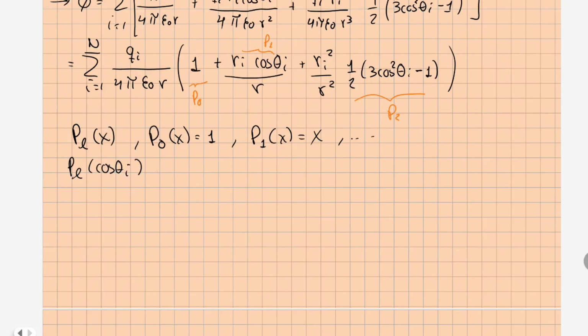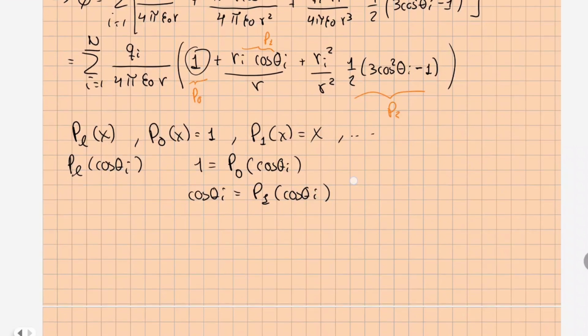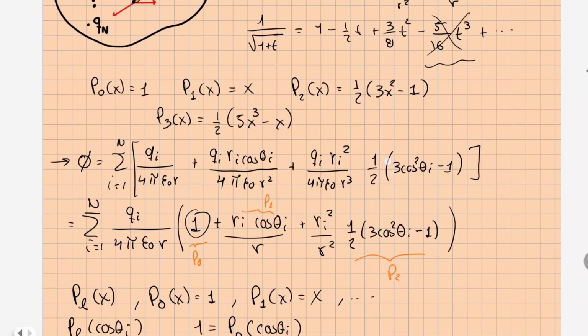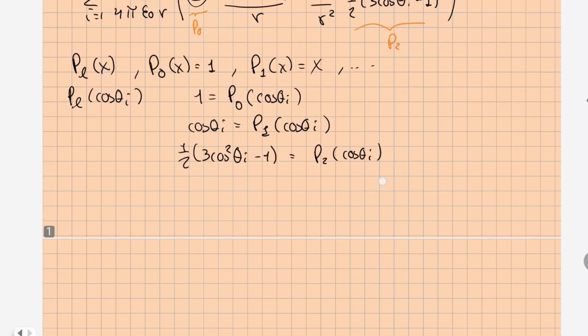So this one will be equal to P sub 0 of cosine of theta_i. This cosine of theta_i will be P sub 1 of cosine of theta_i. And 1 over 2 times 3 cosine squared of theta_i minus 1 will be equal to P sub 2 of cosine of theta_i. We are just switching x for cosine of theta_i.